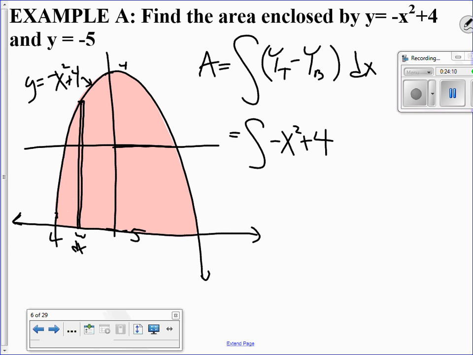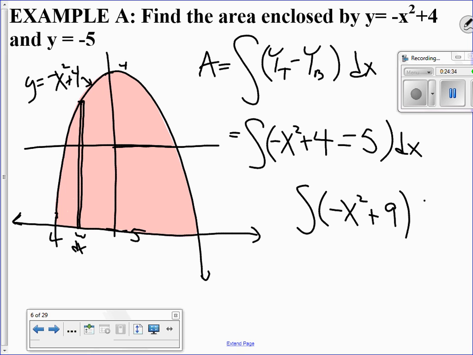And then we want to subtract y bottom. What does y bottom always equal? Negative 5. That one's always negative 5, no matter where you draw the strip. That's why you get a number. Minus negative 5. We can clean that up, actually. We can just make that negative x squared plus 9.